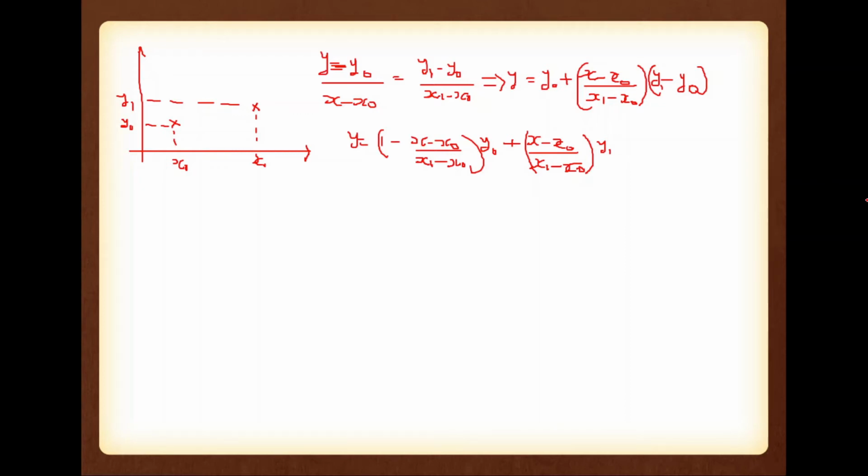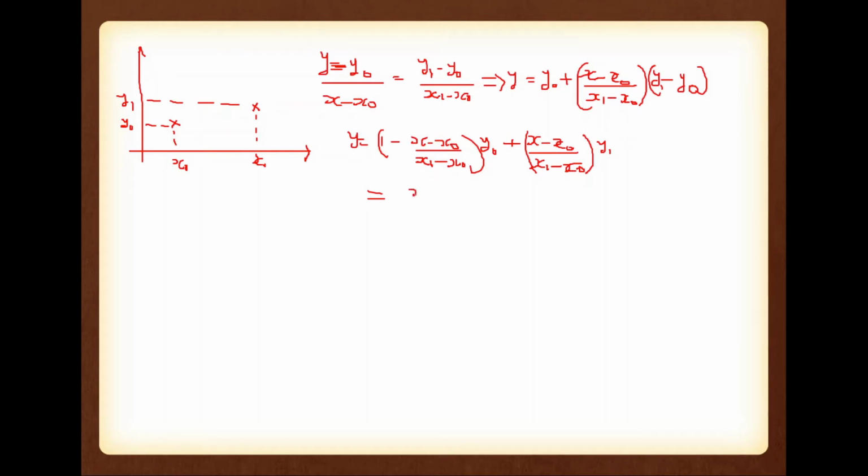Okay, so please note this is y. Here we can take x1 minus x0 as the LCM. After solving this, you can see that x1 minus x0 will come to this position. Where we have minus x0, minus into minus gives plus x0, that is cancelled.